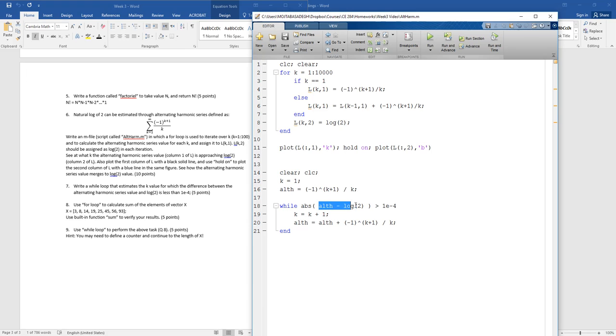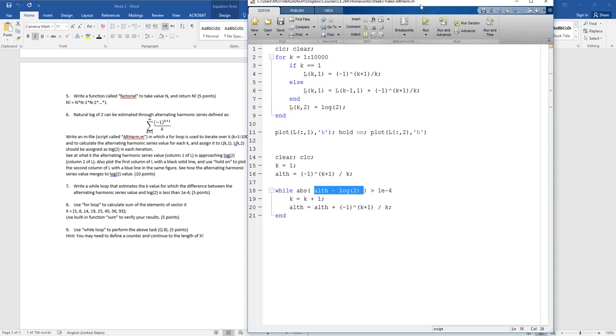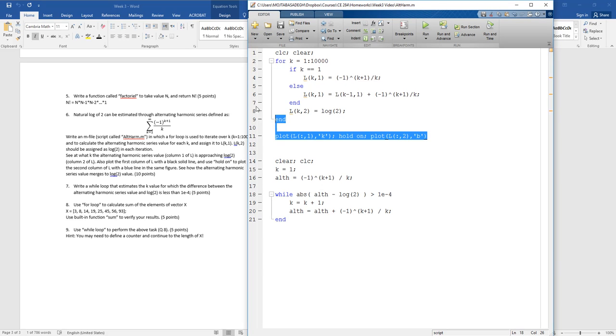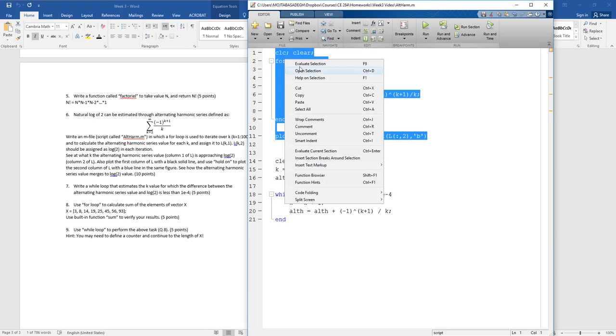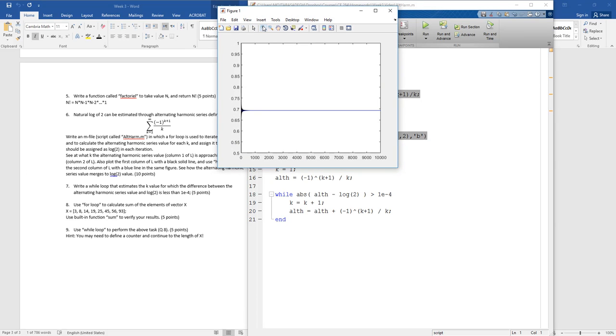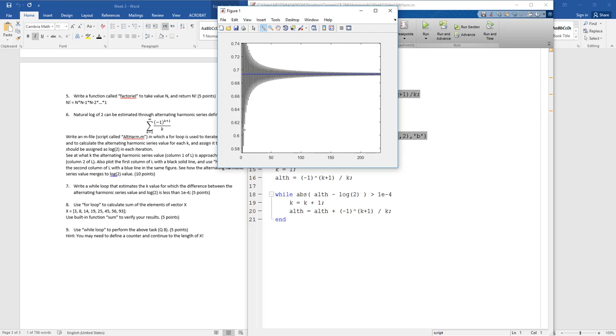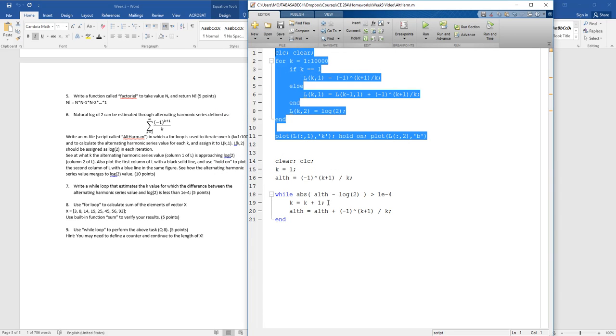As you would probably remember, in this figure, when this is oscillating above and below, at some point the value of alt h is below this blue line. So the difference is negative. We don't want that. We just need the absolute value. So we're going to use the absolute value here.